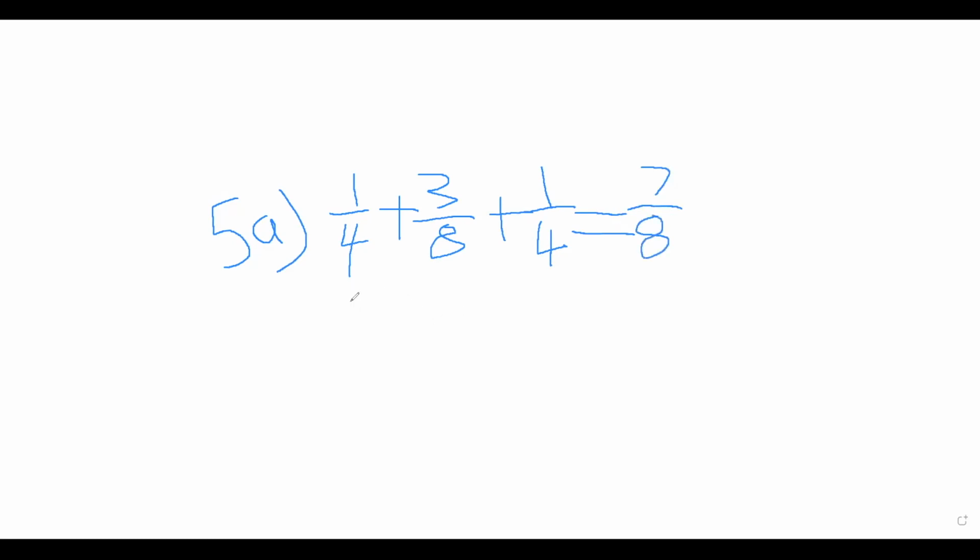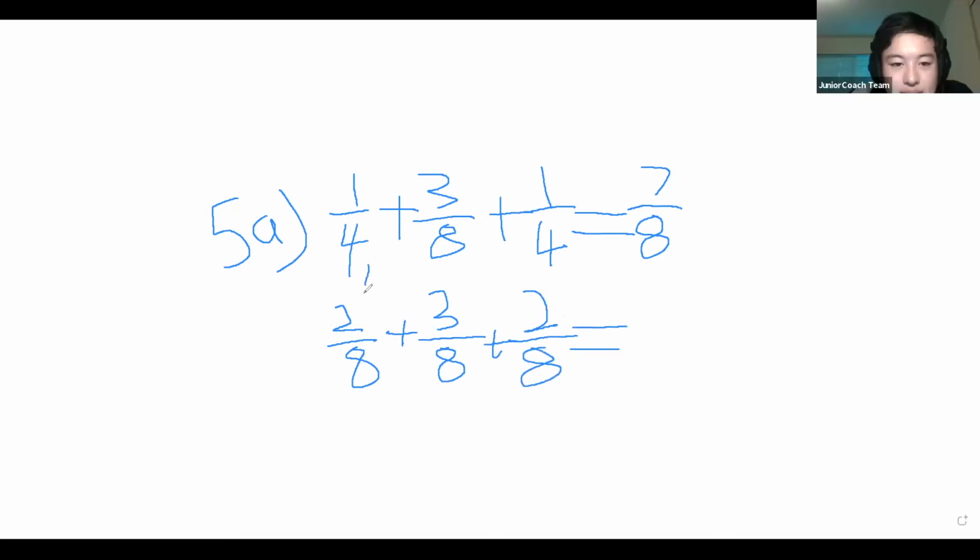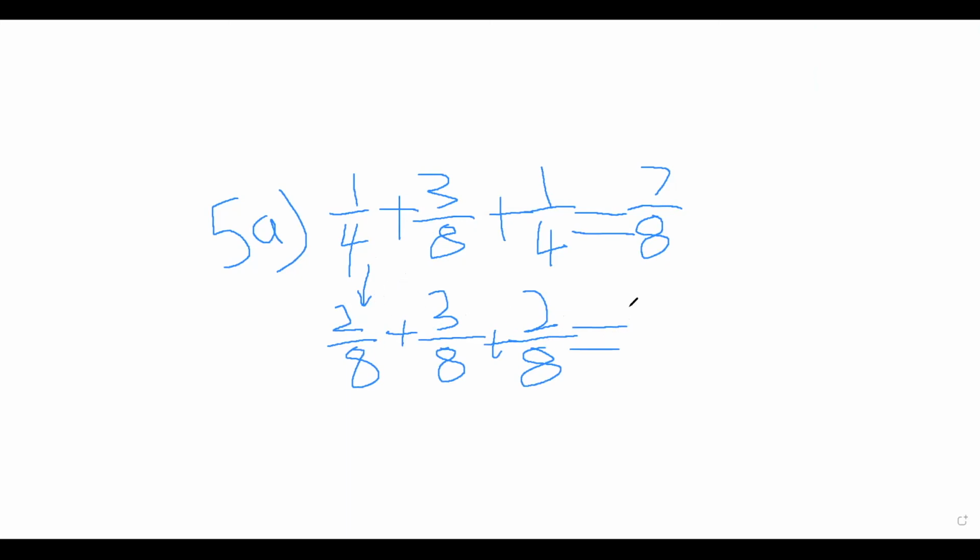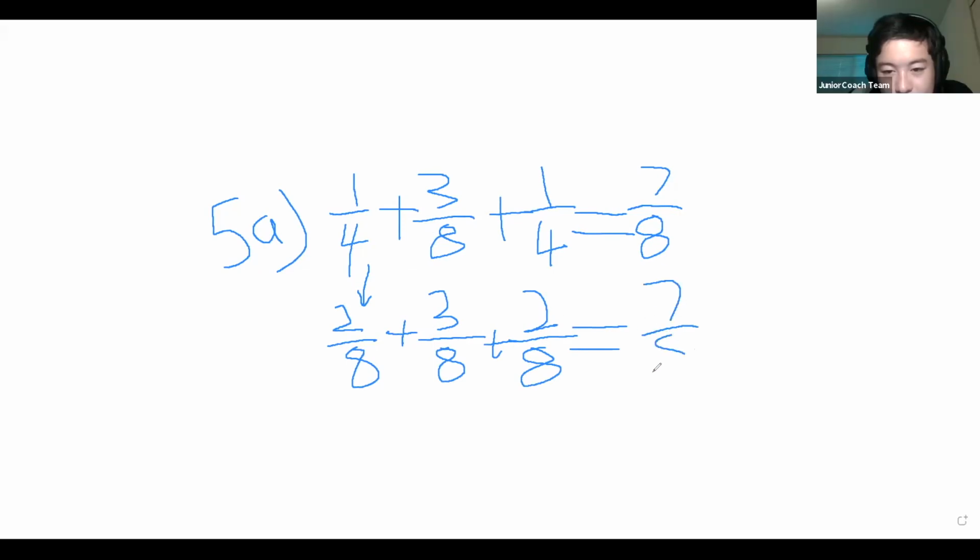I just did it by multiplying 1/4 by 2, so that's 2 out of 8. And I just did it again with that other one of 4, and then just added. So 1/4 once again is 2/8, and then 3 out of 8, 3/8, and then, yeah, it's 7 over 8.